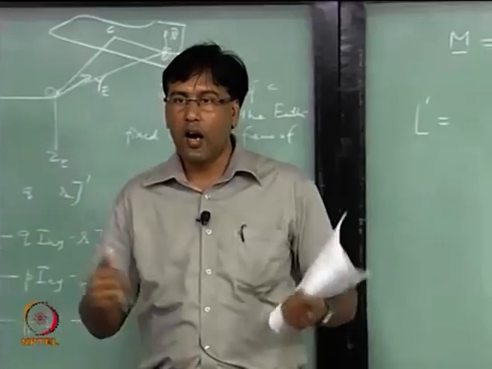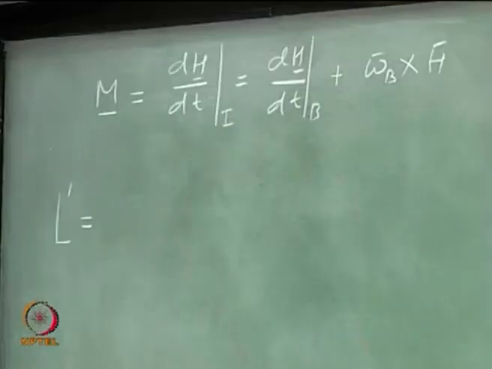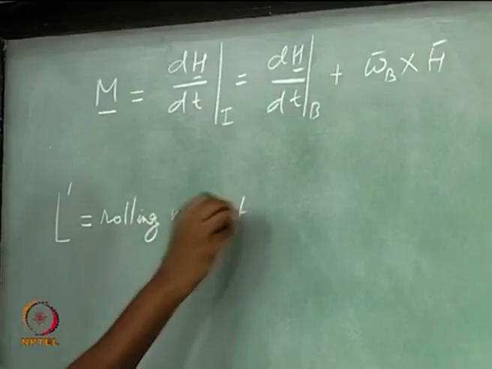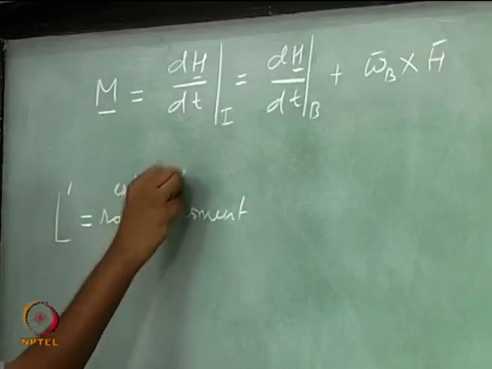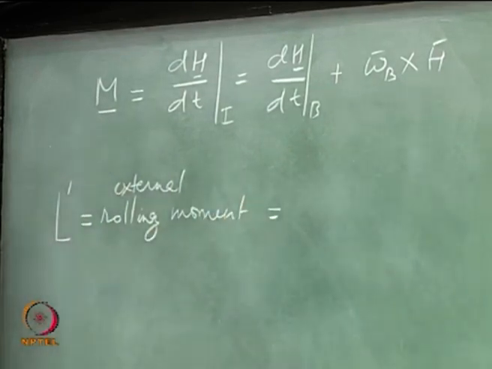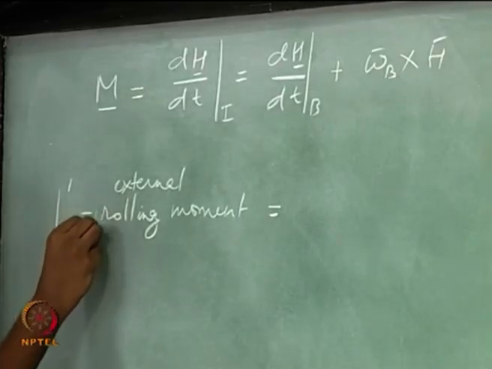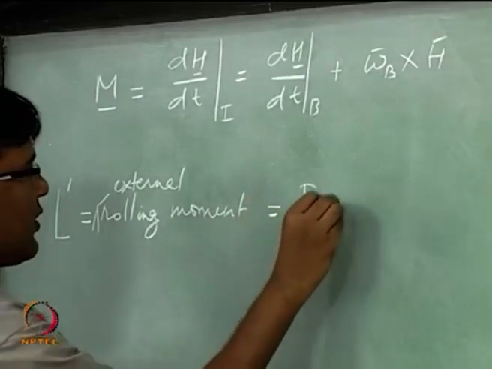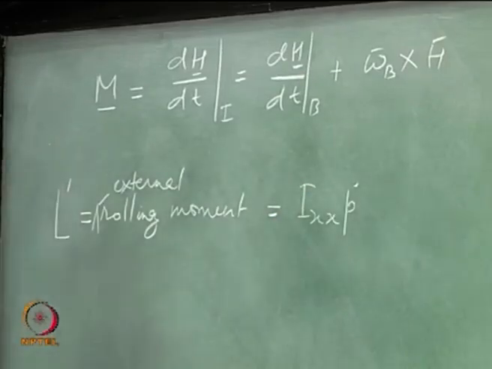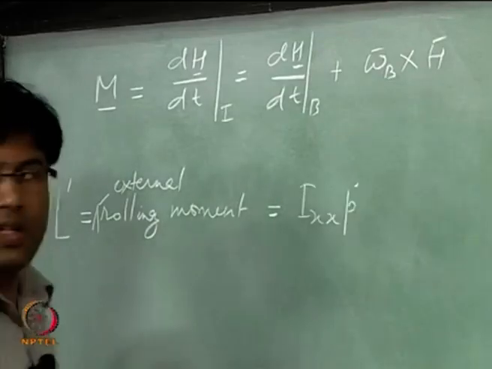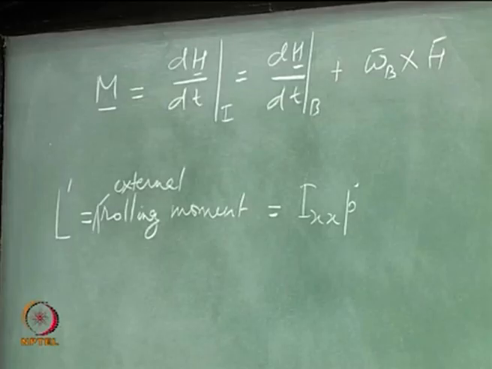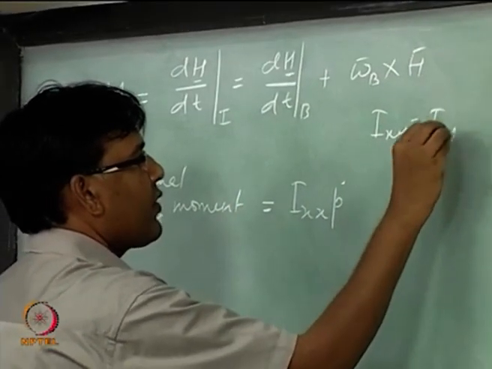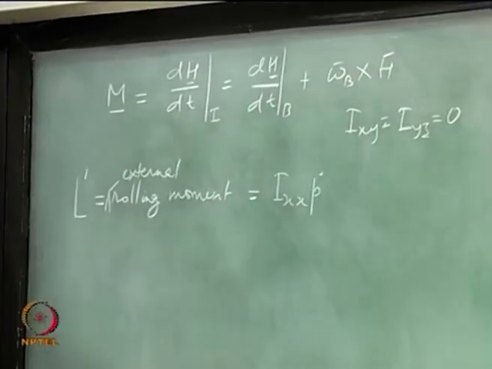So, sum of all external rolling moments equal to the following, and I also said that I am going to assume the symmetry about the xz plane, and that too will give you this.